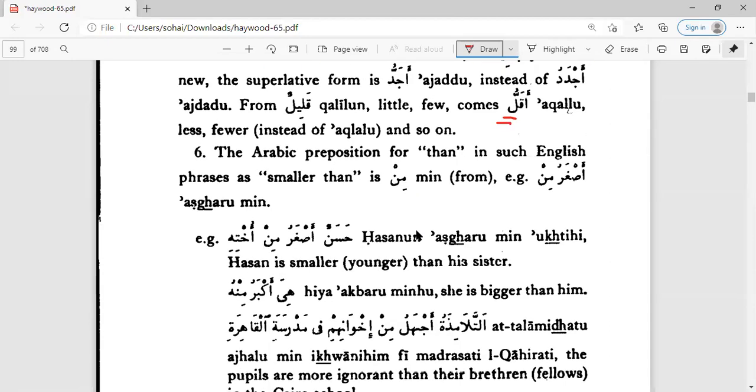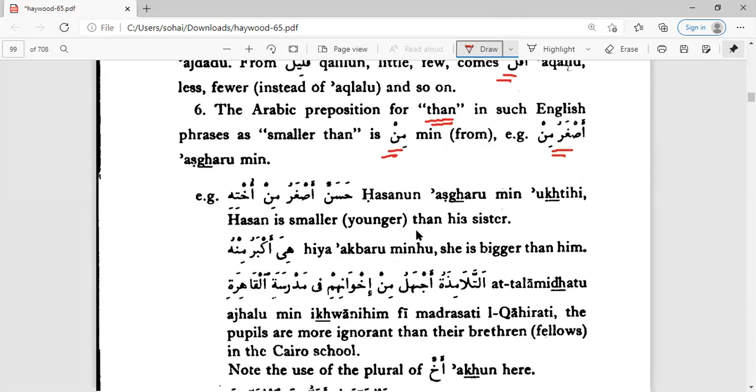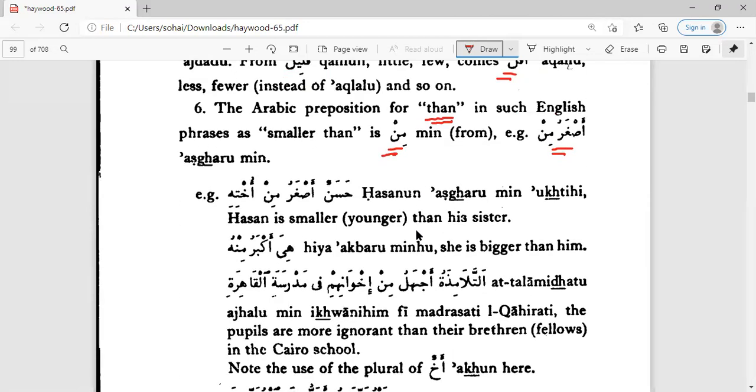So when I mentioned before, to say better than, we use the word min, right? So this is like comparative. So smaller than, azgharu min, or aqsaru min, shorter than, akbaru min, bigger than, or greater than. So we use the word min. For example, here I give the example. Hassan is smaller or younger than his sister.